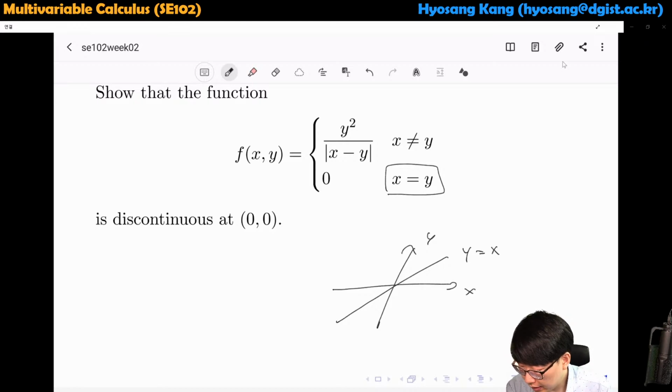Let's first think about the path approach to (0, 0). If it approaches along the y equals x line, it always becomes 0, so the limit exists.